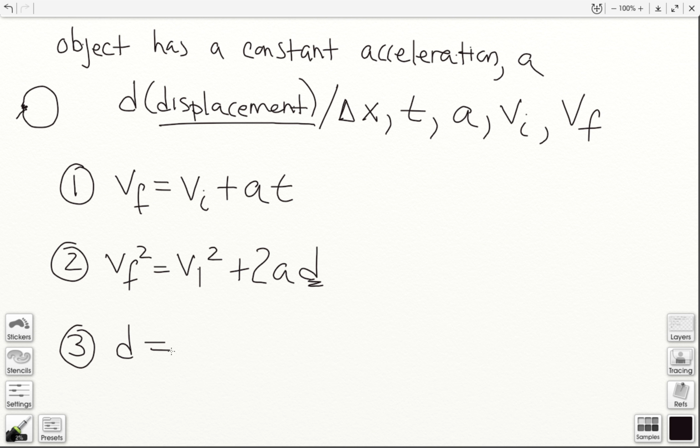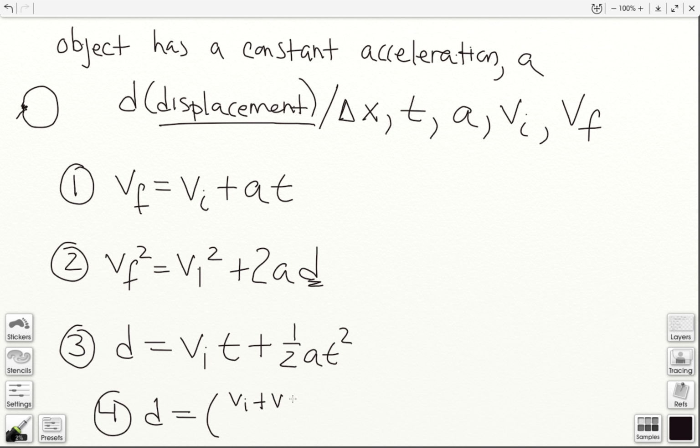Third, displacement equals initial velocity times time plus 1/2 at squared. And 4, displacement equals v initial plus v final over 2 times time. I'll try to create another video going over how these equations are derived. But as you go through problems and use these, they will become second nature, and you won't have to keep looking at sheets to remember them.